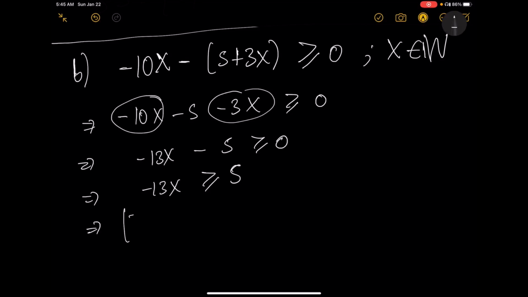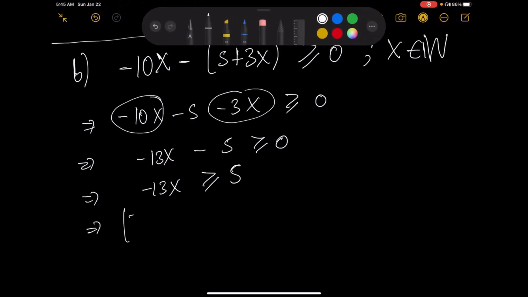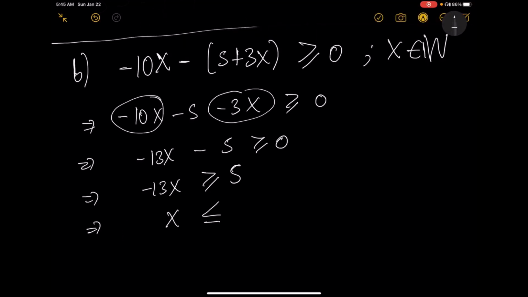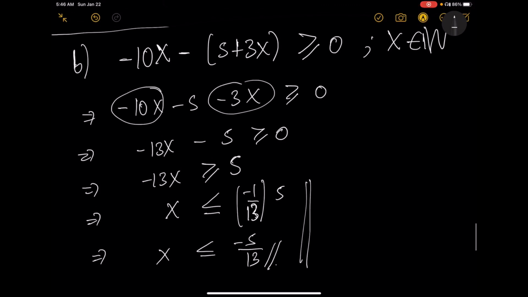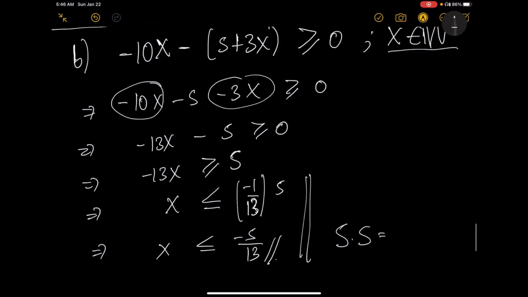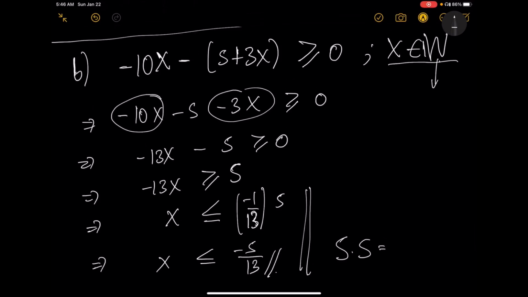When we multiply both sides of the inequality by negative 1 over 13, the sign of the inequality reverses, and we get x is less than or equal to negative 5 over 13. Notice the solution set: x must be less than negative 5 over 13 and x must be in the whole numbers. The whole numbers are the set containing 0, 1, 2 and so on, which does not include negative numbers. So the solution set is the empty set.